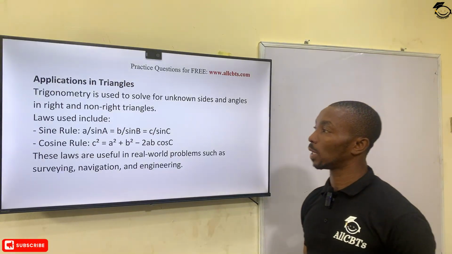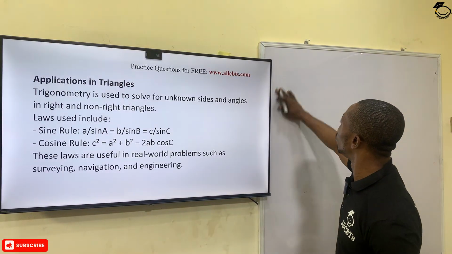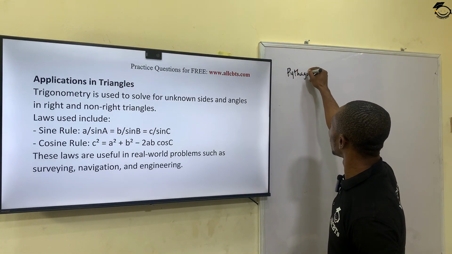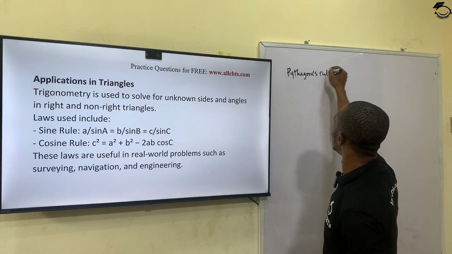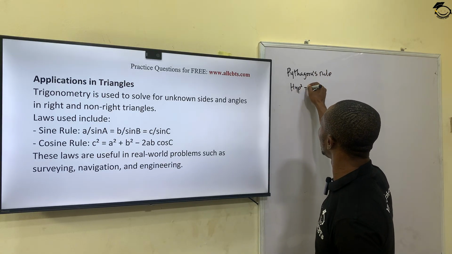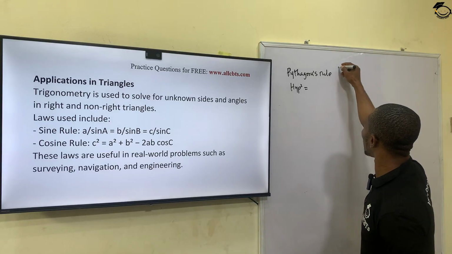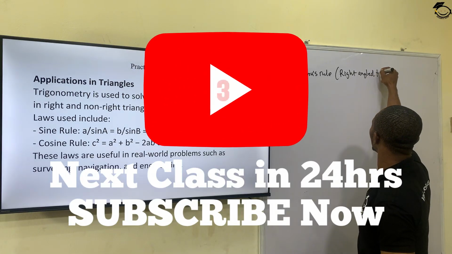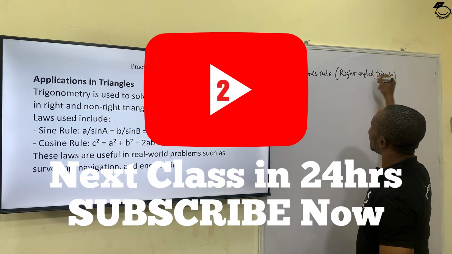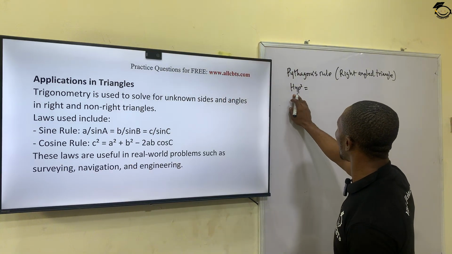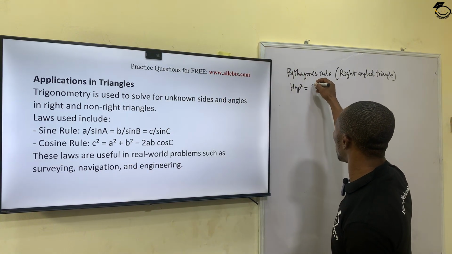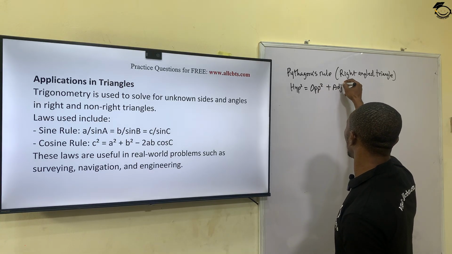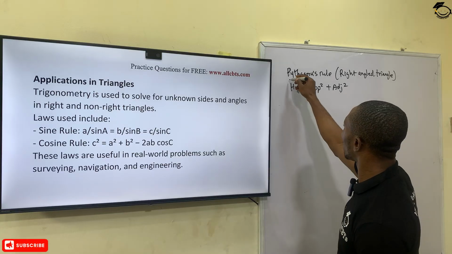Now, the laws majorly used, we have our Pythagoras rule, which is for right-angled triangles. It says that in a right-angled triangle, the square of the hypotenuse equals the sum of the squares of the other two sides, which is the opposite squared and adjacent squared. That's the first rule.